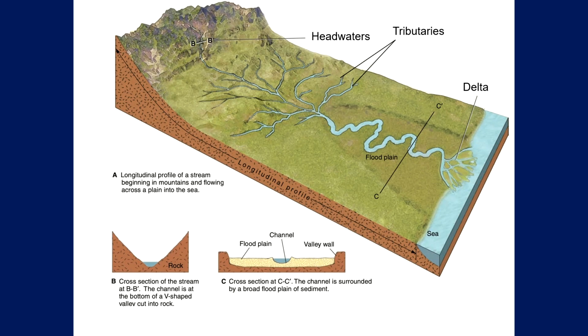Okay, so these are the two important points. One is the cross section, and the other is the longitudinal profile, how it looks like. Okay, so you will see a sort of concave shape of the longitudinal profile from the origin to where it ends its journey.